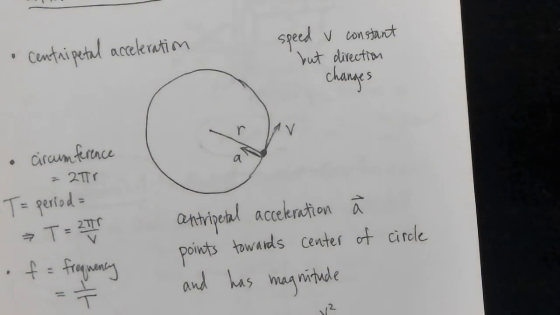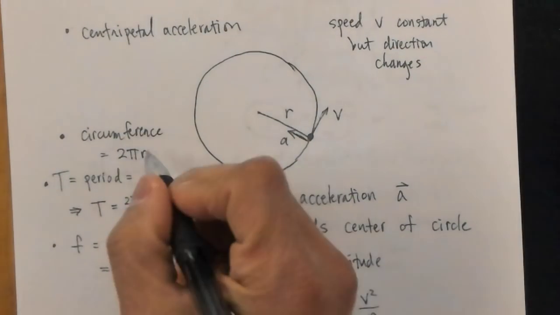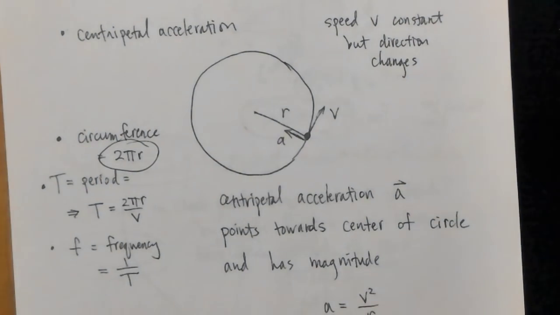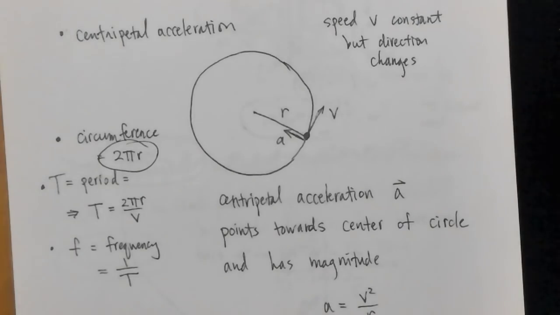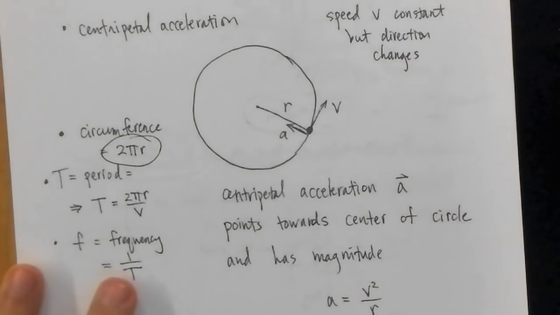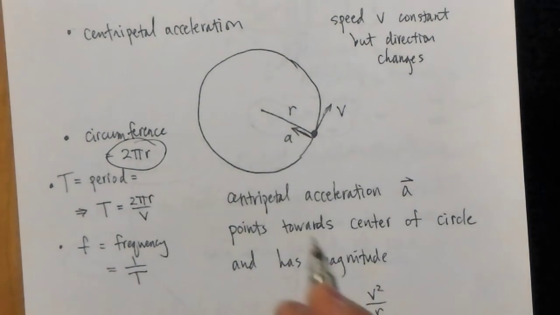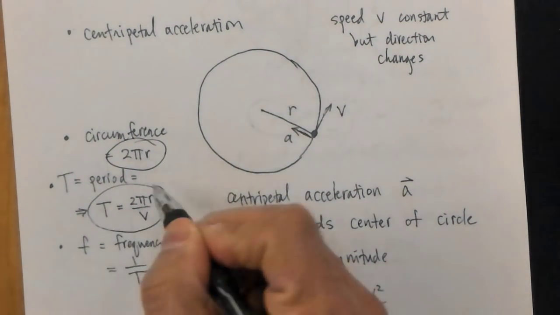So the tangential velocity is the same as the speed, the whole magnitude of the velocity. Other things you're supposed to know is that the circumference of a circle is 2 pi r. It's not on the equation sheet, so remember that. If you want to know how long it takes for the particle to go around the circle, you need to do a calculation like this.